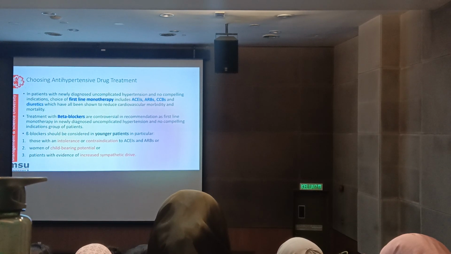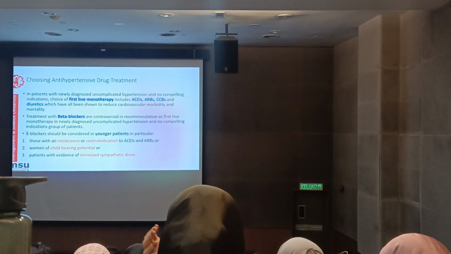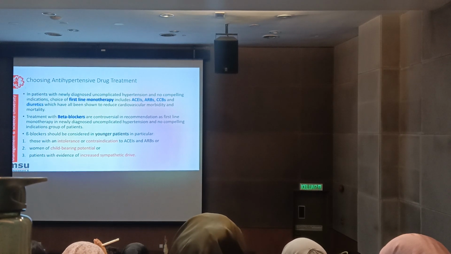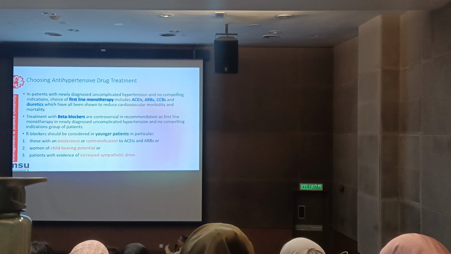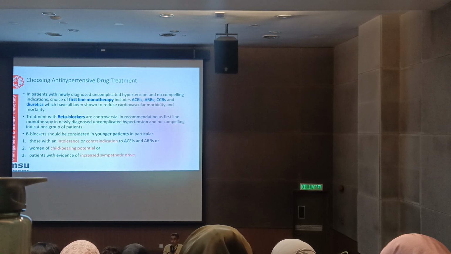Woman with childbearing potential. Okay, patient with evidence of increased sympathetic drive. So these are the favorable conditions when you can consider giving beta blocker, the advantage over other classes. So either contraindication or some condition in the patient, or they have an advantage that you use beta blocker, which can be considered as the first line. Clear? Okay.